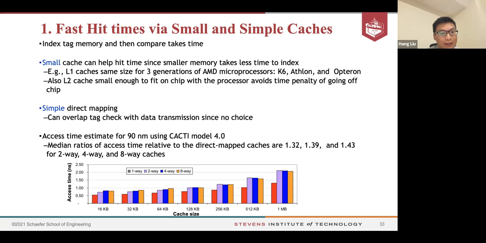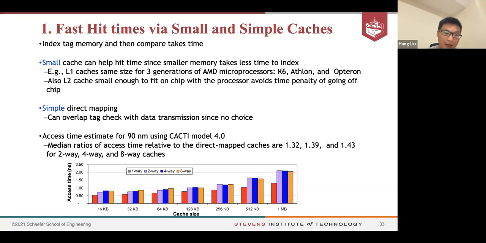A small cache can help hit time since smaller memory takes less time to index. That's why even different generations of AMD processors maintain the same sized L1 cache. For L2 cache, they also want it to be small enough to fit on chip with the processor, avoiding the time penalty of going off the chip to main memory.